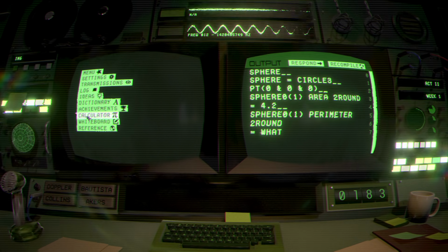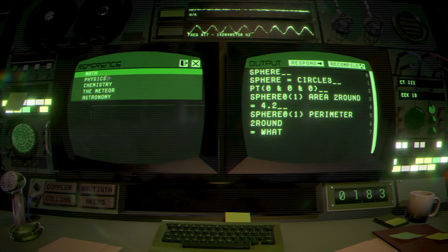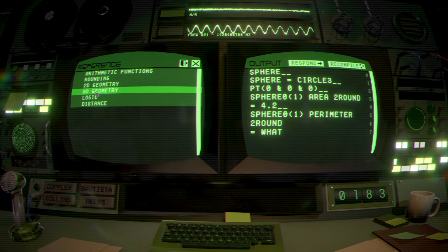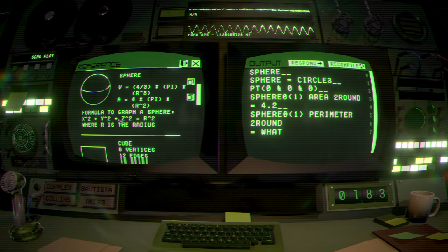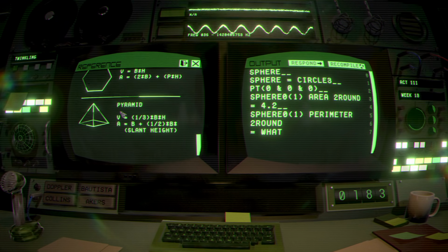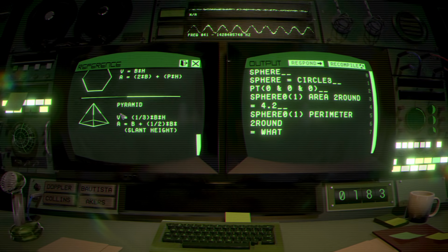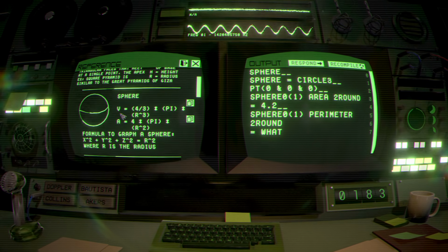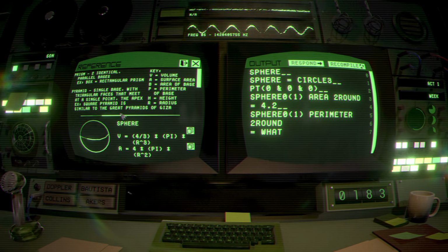Am I overthinking this? Probably. Reference, math. I feel like I'm overthinking the perimeter of a sphere somehow.